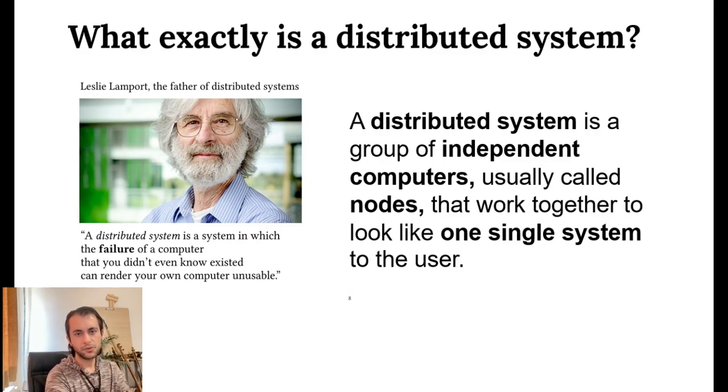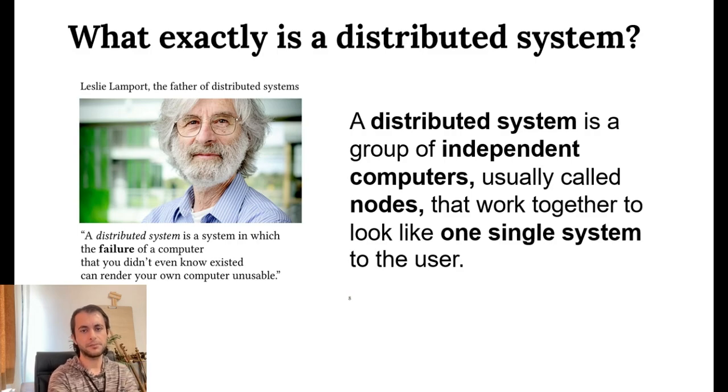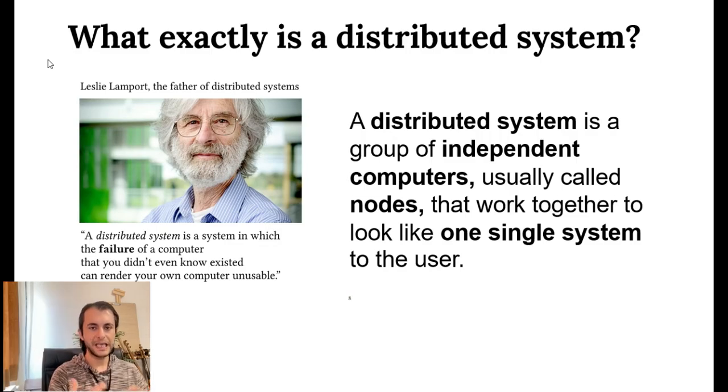And here, computers might be a PC, a laptop, a phone, a watch, or anything like this. The key here is that we have a group of independent computers, in an abstract definition of a computer, that work together, but from the point of view of the users, they look like one single system.